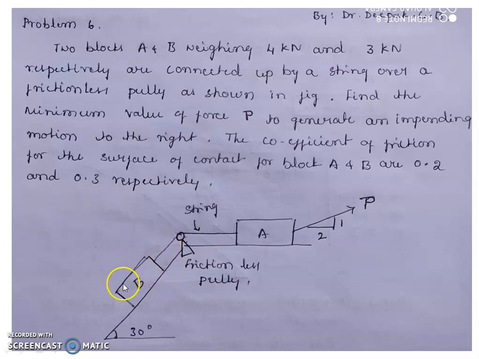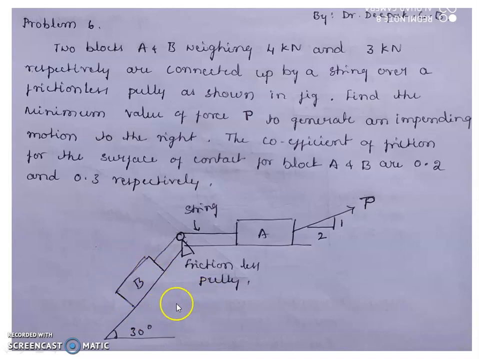So I can use two equilibrium equations, that is sigma horizontal forces is equal to 0 and sigma vertical forces is equal to 0, for block B. Two unknowns are there. I can easily use two equilibrium equations to solve them.